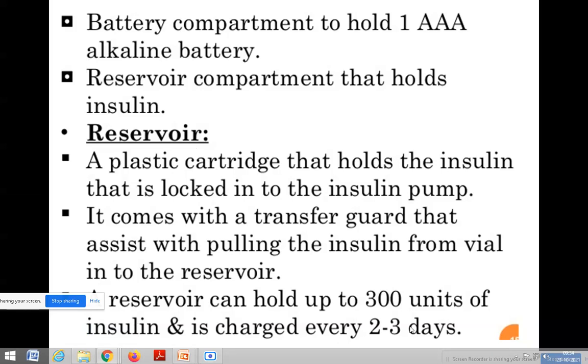So the capacity of that cartridge is 300 units, and you can refill the cartridge within 2 or 3 days. For 2 or 3 days, the 300 units of insulin will be used by the patient.